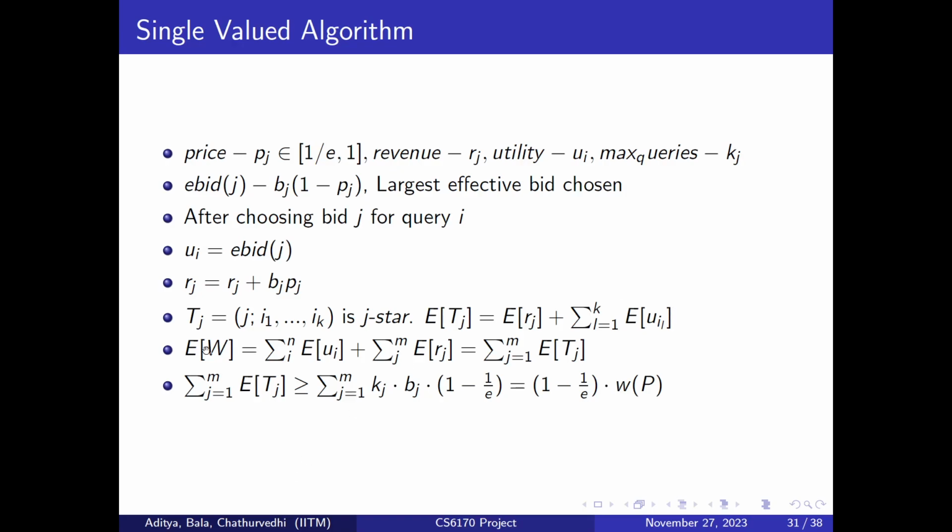So given here, we find the expected value of the weight, which turns out to be the summation of J star for all the given bidders, which we find to be greater than or equal to the summation of k_j into b_j for all the given bidders into 1 minus 1 by e. The summation of k_j into b_j gives you the maximum possible weight for the entire problem. So from this we get the competitive ratio of 1 minus 1 by e.